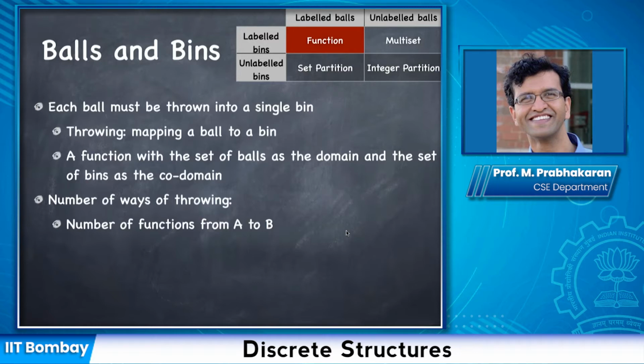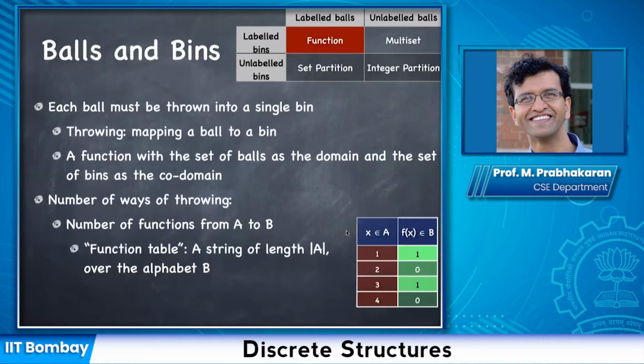And how many such functions are there? So what is a function? Recall, you could think of a function in terms of a table like this. A is a finite domain, so you can simply have a table with each row indexed by a different element of the domain. And the function is fully specified by filling in this column in this table. Okay, so the function is simply a string corresponding to the symbols that you see here in this column.